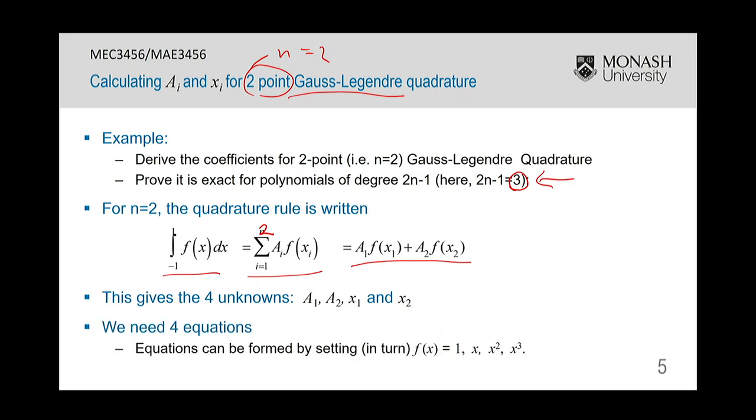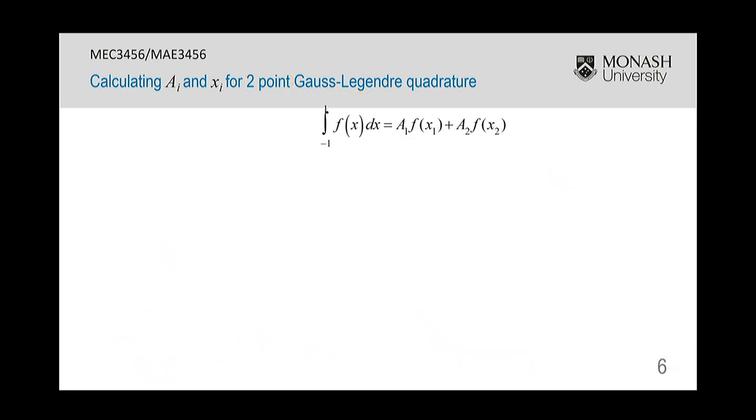So we need 4 equations, and we can get those 4 equations by, in turn, setting f of x equal to 1 in this expression here, then setting f of x equal to x, then f of x equal to x squared, and finally x cubed. And we'll end up with 4 equations that are linearly independent.